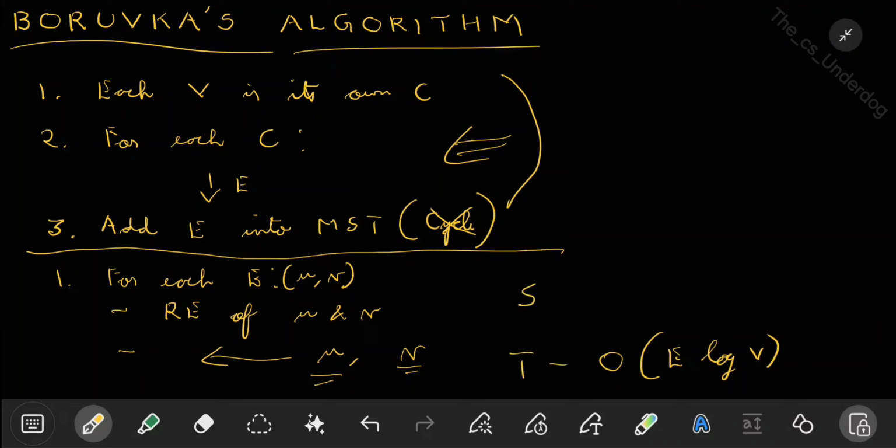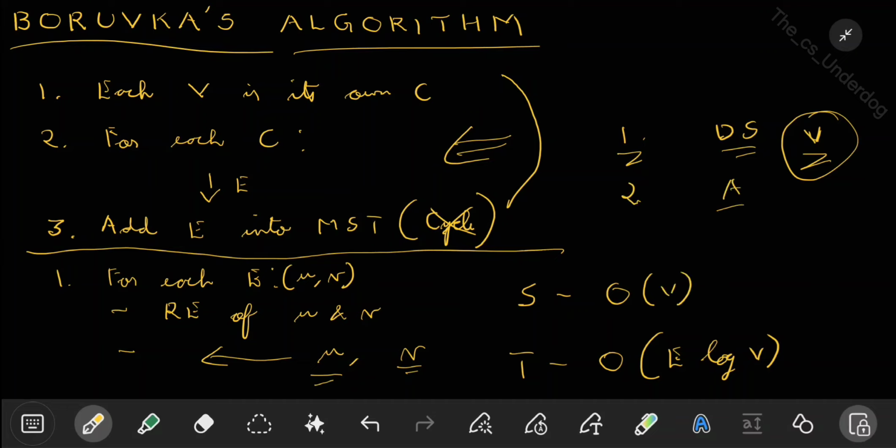And what about the space complexity? What are the additional spaces you are using? One is the disjoint set data structure. You have one node for each vertex to start with, and then you may be unifying many of those, which means you will have V nodes, taking order of V space. Then you have an array to store the cheapest edge going out of each vertex, each component.